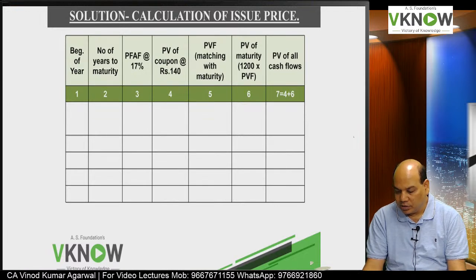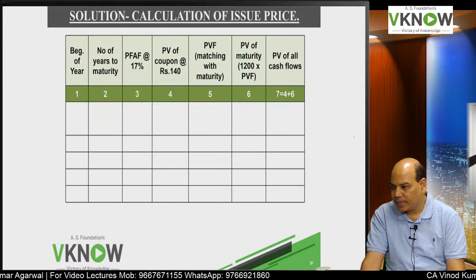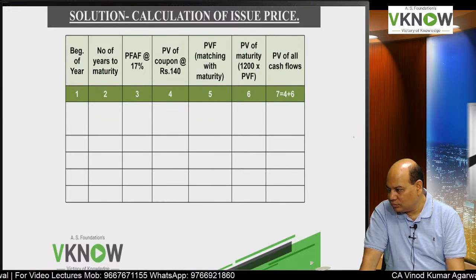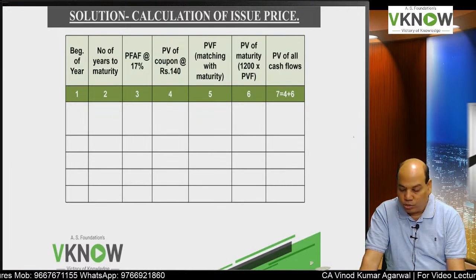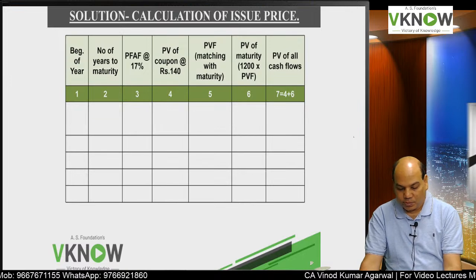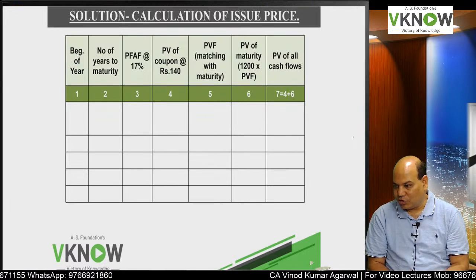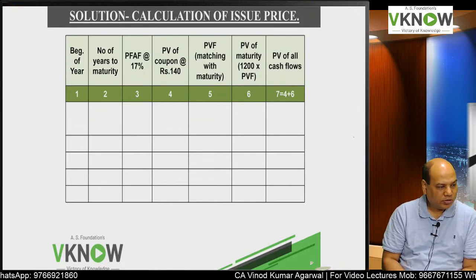Then write present value of coupon at rupees 140. Then write present value factor, in brackets matching with maturity.